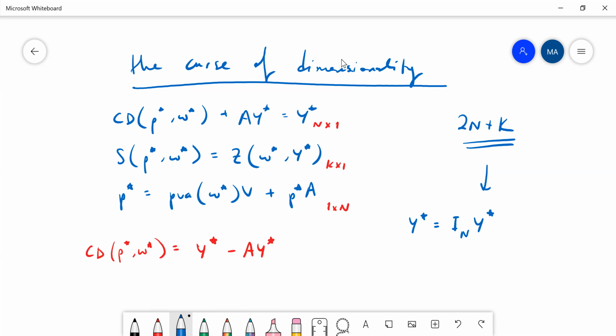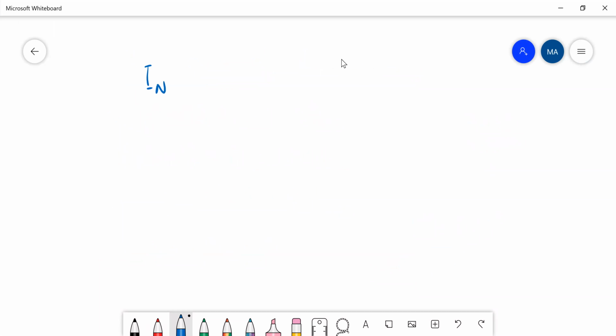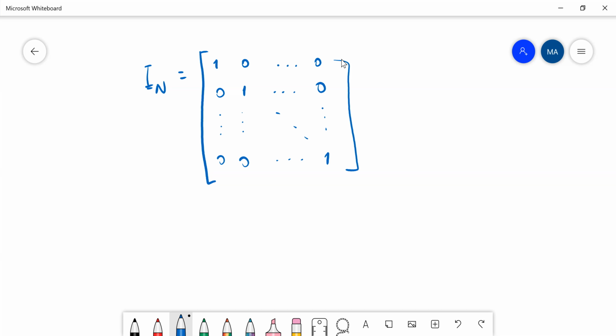So what is in here? In is the identity matrix. Okay. In is the identity matrix. Identity matrix is something like this. The diagonal elements are all equal to 1, and the off-diagonal elements are all equal to 0.